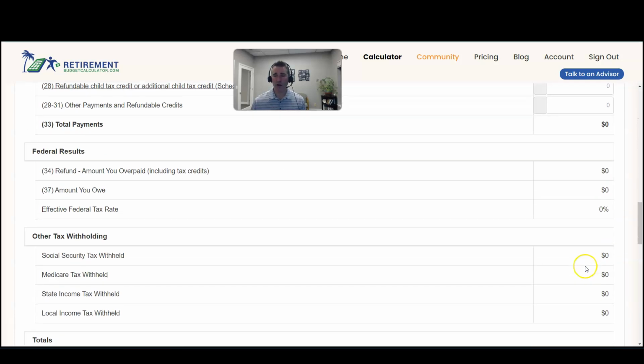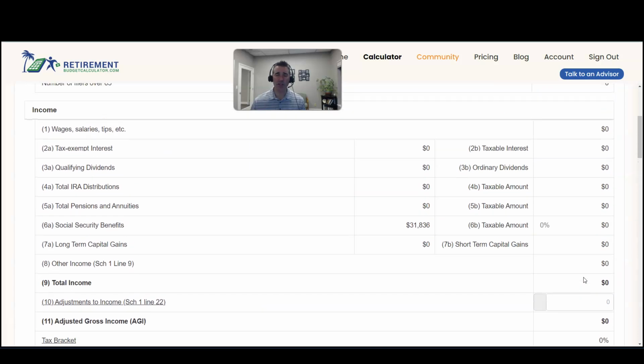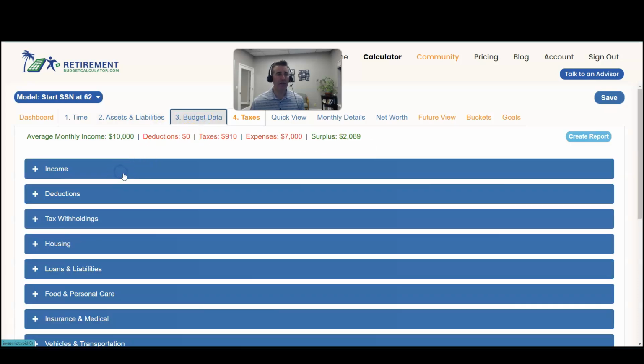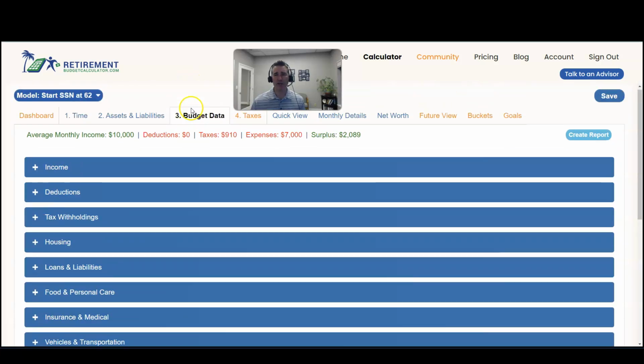So you can see they drop into this really low tax bracket that year of 2026. Part of the reason for that is we're assuming that they're taking all those initial withdrawals out of the savings account. We're saying the savings account is earning interest, but we didn't enter any interest income here on the budget tab. So if we wanted to account for the interest, we could, and that would change our estimates for taxes.